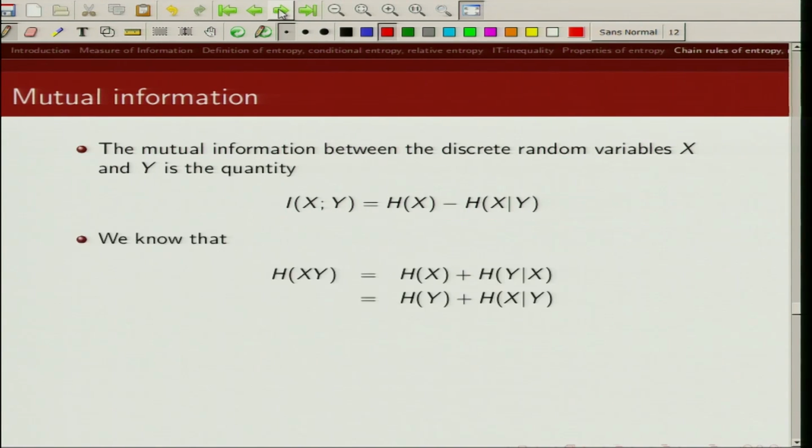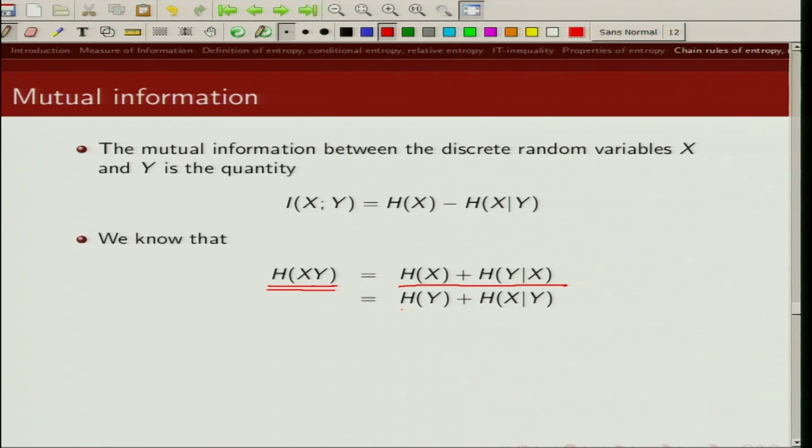Now we know that we can write this joint entropy using chain rule. We can write it in this particular fashion. This is h of x plus h of y given x. Now I again apply chain rule in a different fashion.